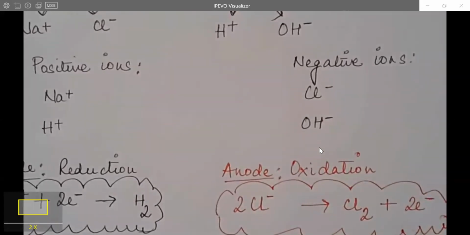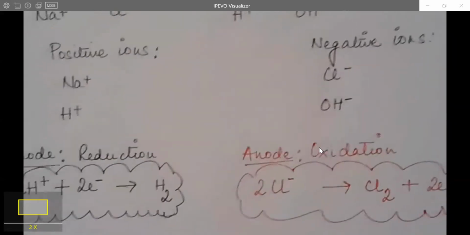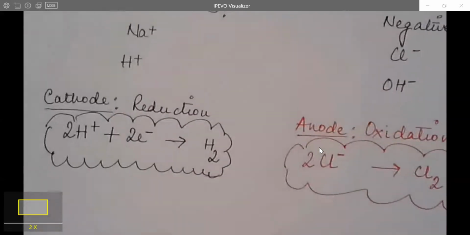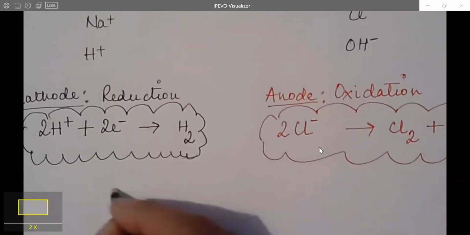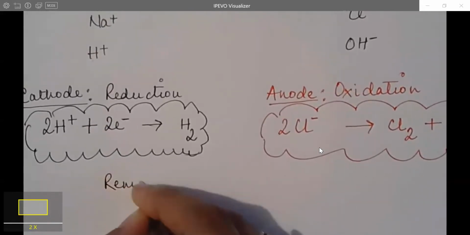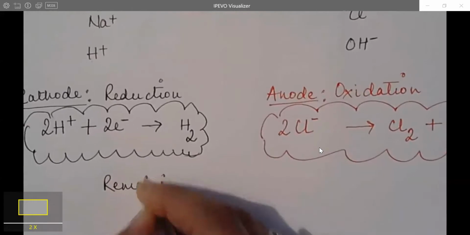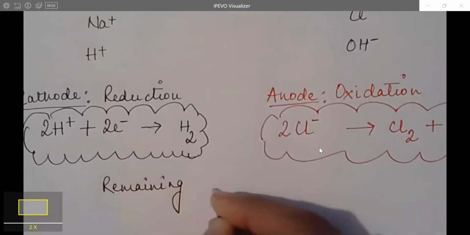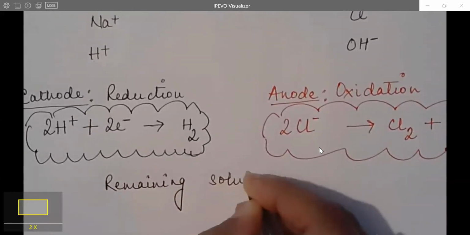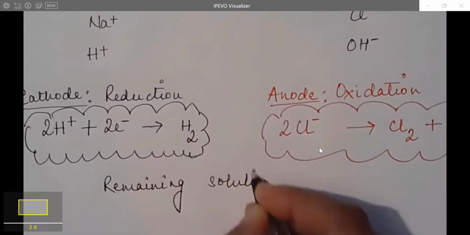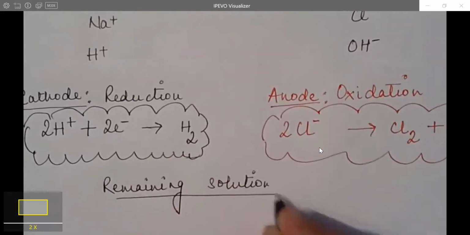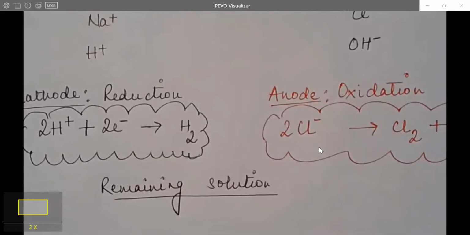Now, if we talk about the remaining solution, we can see that out of the pair of the positive ions, the sodium ions stayed back in the solution, whereas the hydrogen ions were deposited at the cathode.